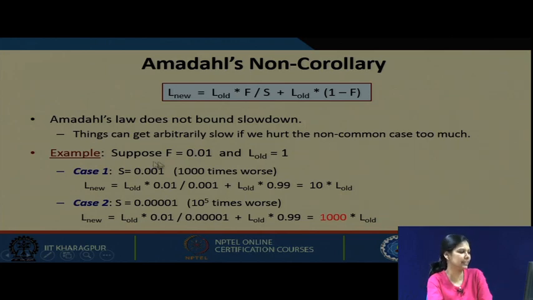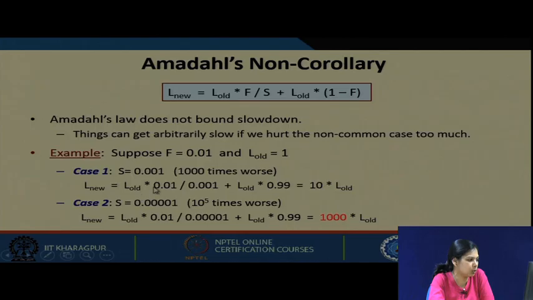So, let us see this example. Suppose f is 0.01 and L old is 1. Now, we are making a part 100 times worse. So, the speedup becomes 0.01 on the uncommon part, that is now your f.